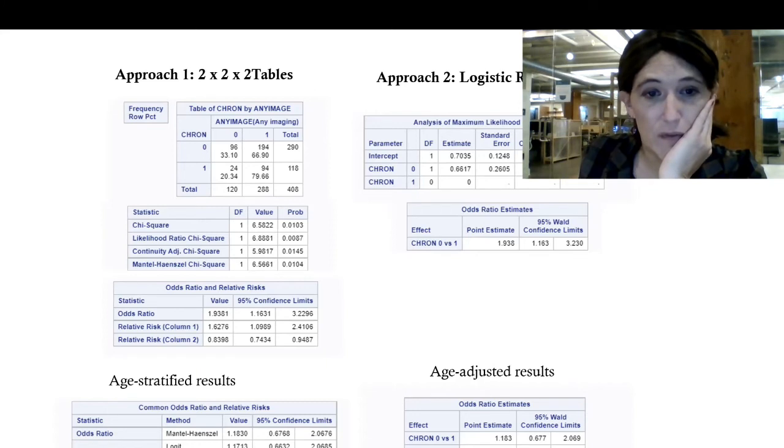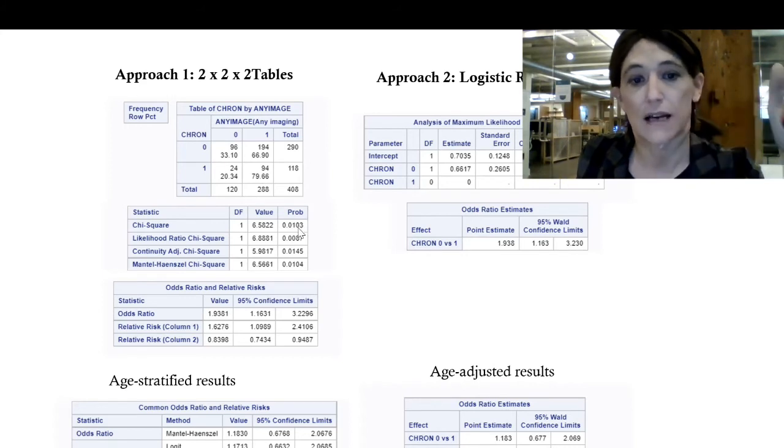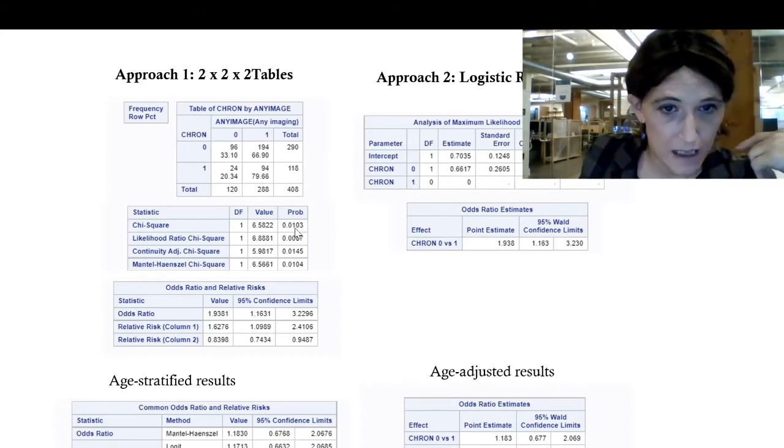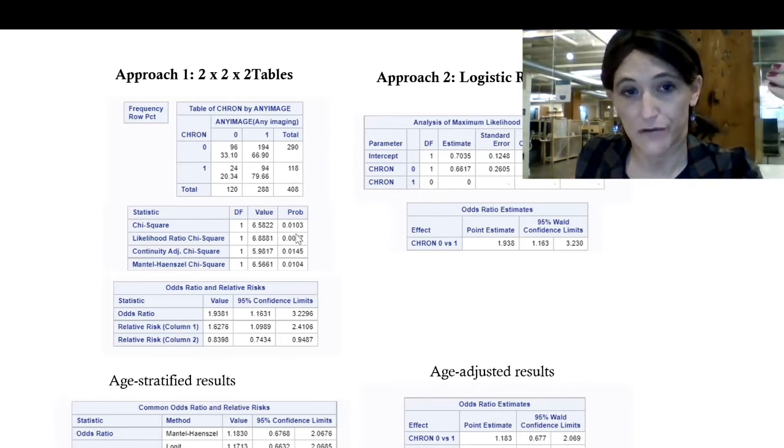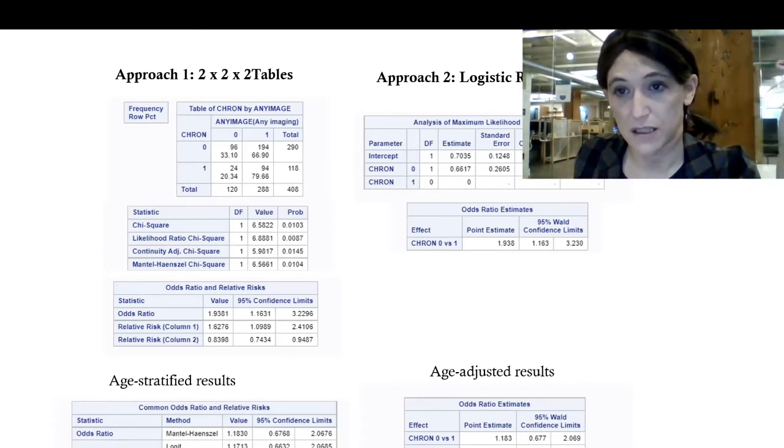Not small. The p-value associated with this chi-square test is p equals 0.01. So it is statistically significant, our cutoff being 0.05. Okay, so this is a fairly modest association between having a chronic disease present and the use of imaging.